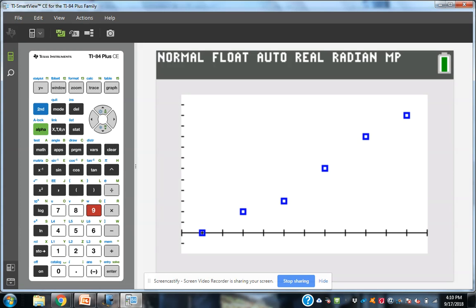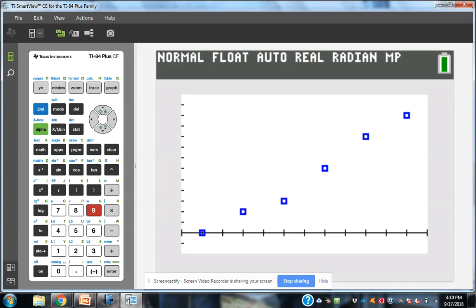We see these points. It looks like it follows the pattern of the line pretty close. All right. What we could do is, looking at that, think, okay, which two could I put together and get pretty close to all of the points? So if we're going to find a line of fit, that's what we would do.